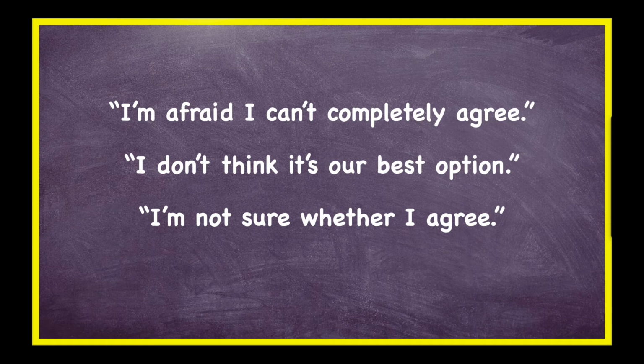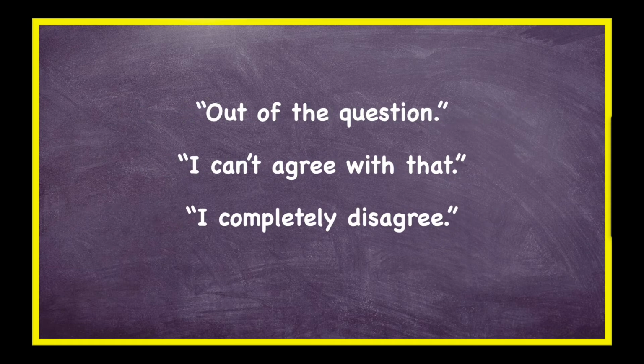But if you disagree strongly, then you might say, out of the question. Or, I can't agree with that. Or, I completely disagree. And so these are not quite as polite, but sometimes you want to show that you are serious and you want to show strong disagreement. And then you have to sacrifice being polite a little bit, right?